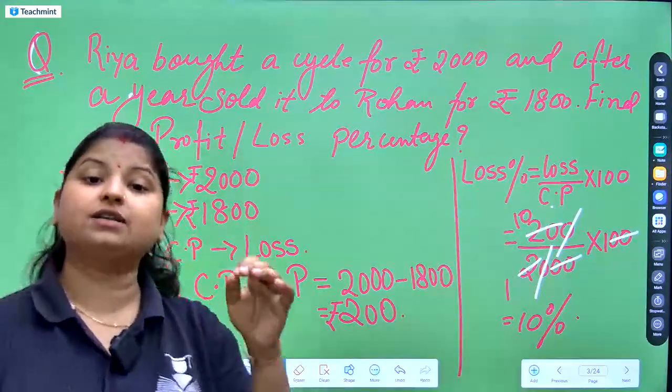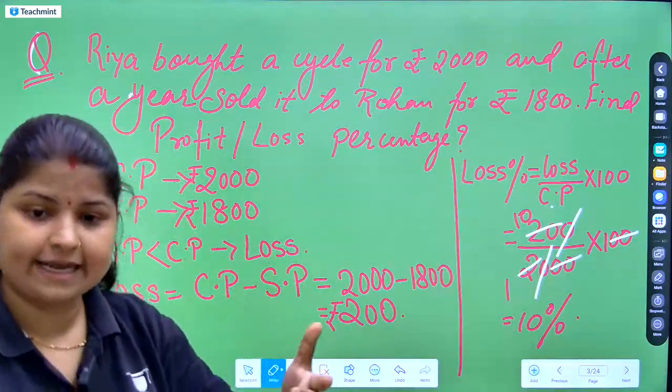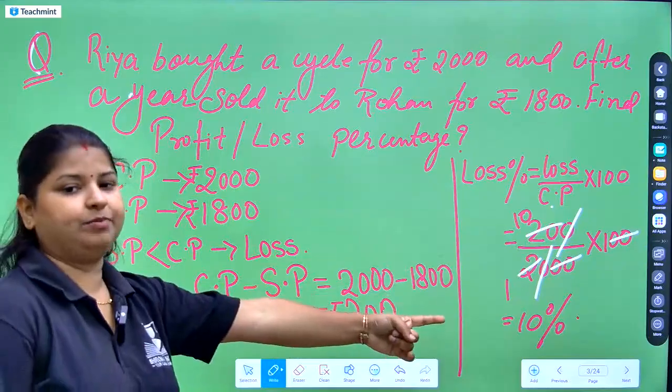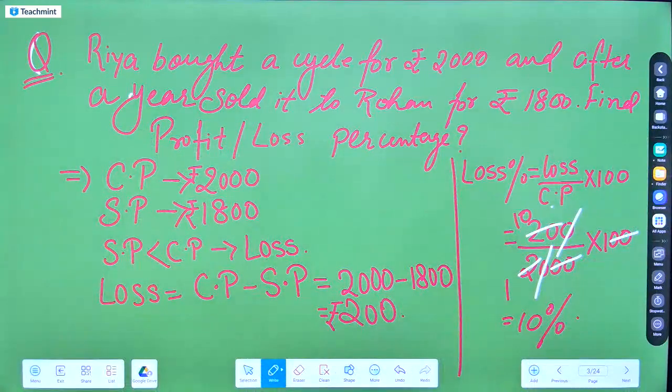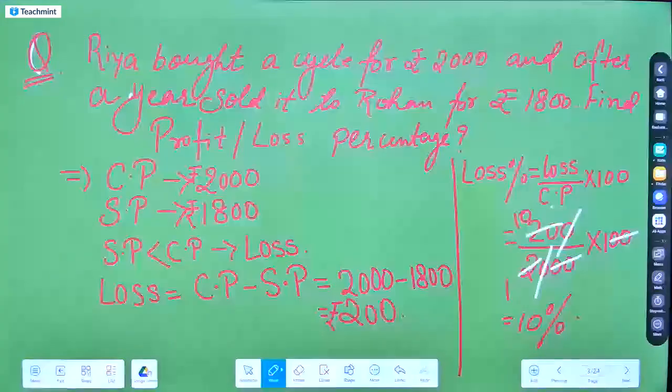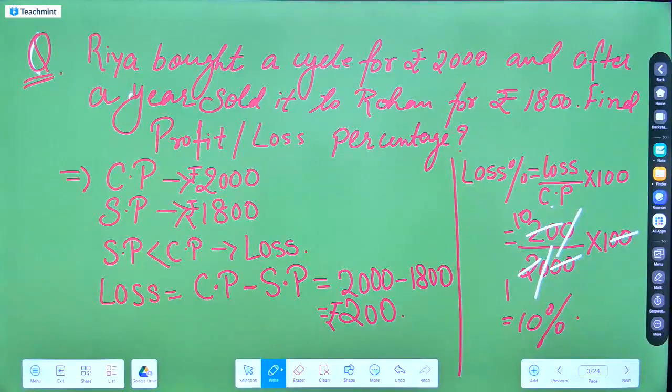If you were asked profit or loss percent, then 10%. Quickly note this down and raise your hand beta if anyone has any doubts. Anyone, any doubts? Do raise your hand here. Quickly note this down.